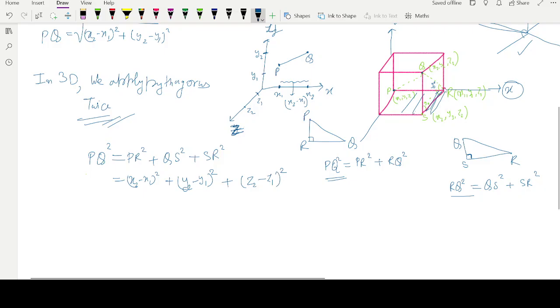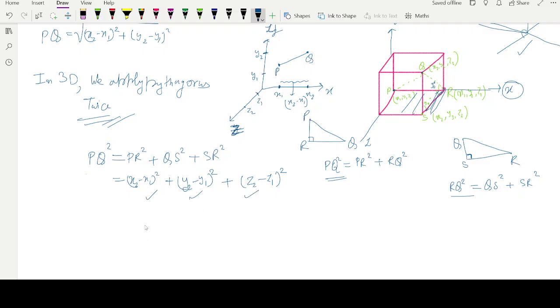This is a line on xz, and the difference is only in the y coordinate, which is changing. So we can get this.